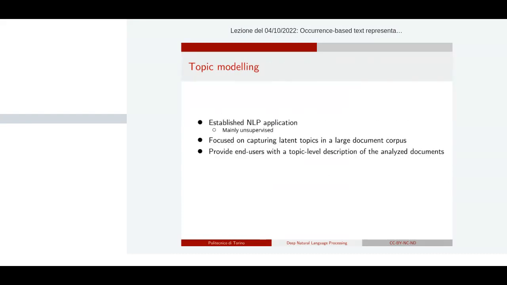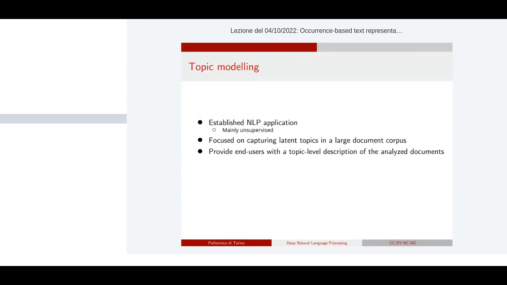So what is the idea? The idea is to obtain a topic level description of your data, to capture some topics which are latent, which are not explicitly mentioned in any query, because the problem of retrieving content from a query is a different story. It's information retrieval, as I told you during the past lectures.